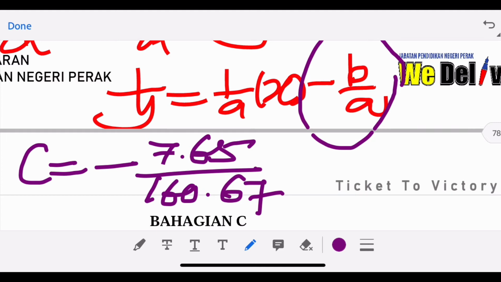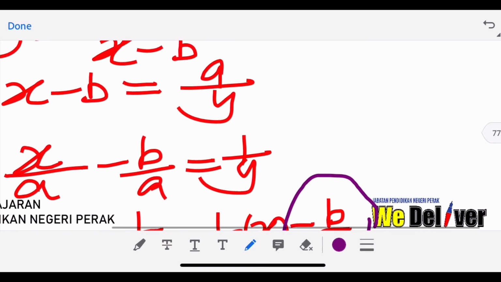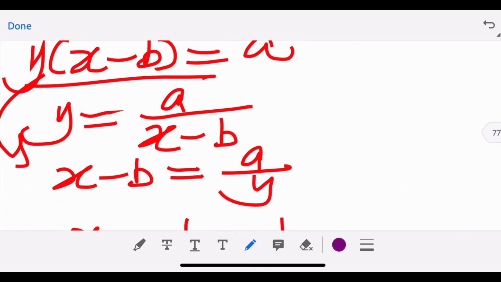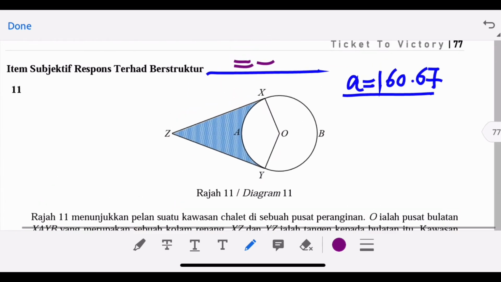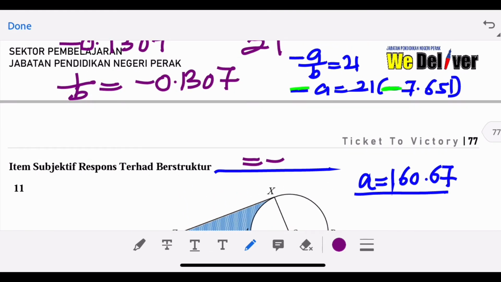You will get the answer, which is negative b over a, our gradient. Is it positive? Okay, our a is 160.67.